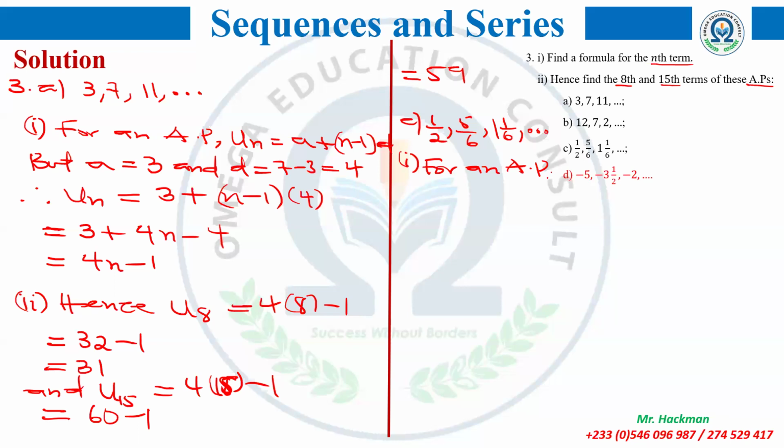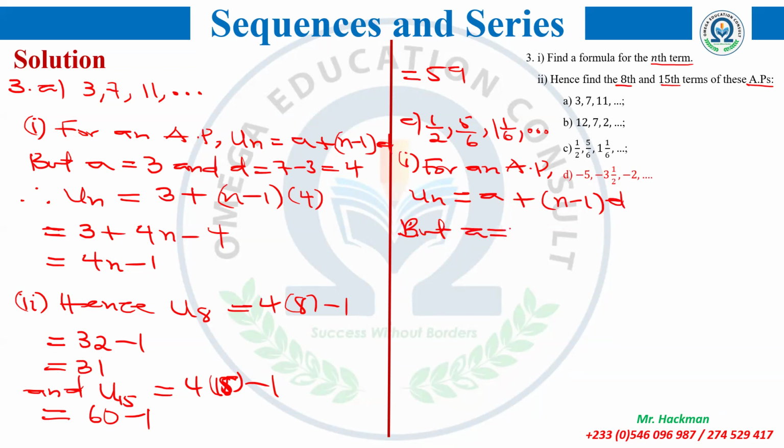For an AP, my u sub n, you know, is given by the formula a plus n minus 1, the whole of that in brackets, then d. All correct. If you don't know this formula, you are stuck. At this point, I can say that therefore my u sub n... let me write the box, because I know I have to substitute.